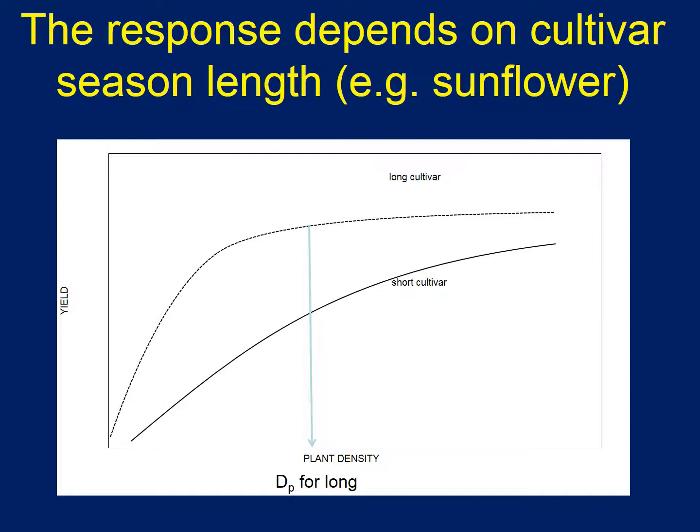For instance, in this plot we see sunflower cultivars, this is based on sunflower data, where long season cultivars show this type of response where saturation is achieved at rather low planting densities. On the other hand, short season cultivars like this one would require much higher planting densities to saturate, to reach maximum yield.